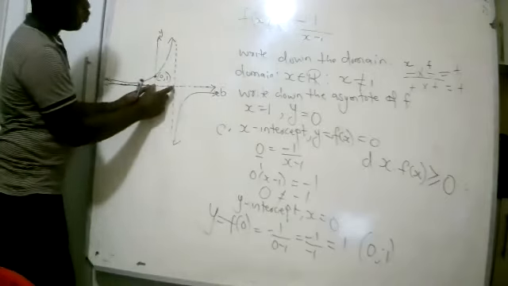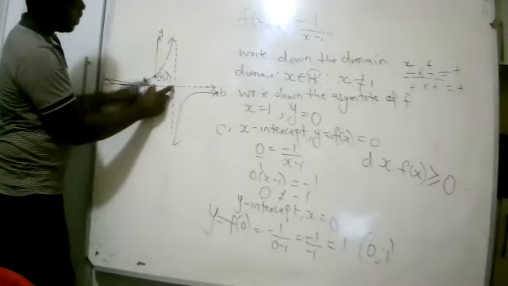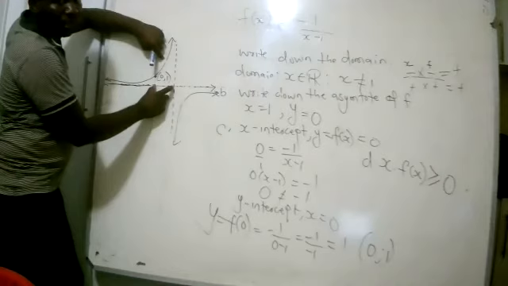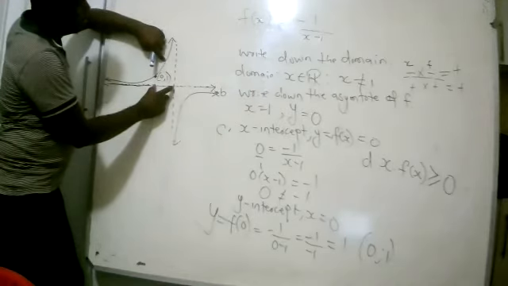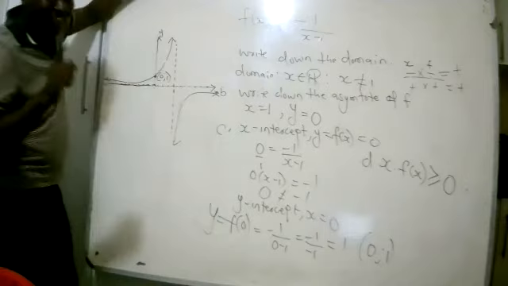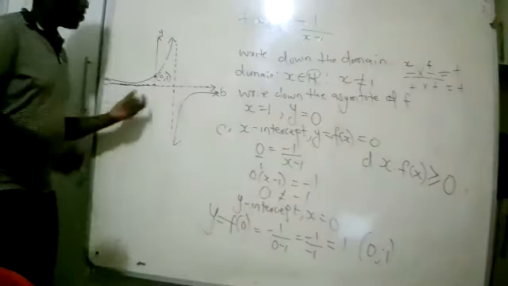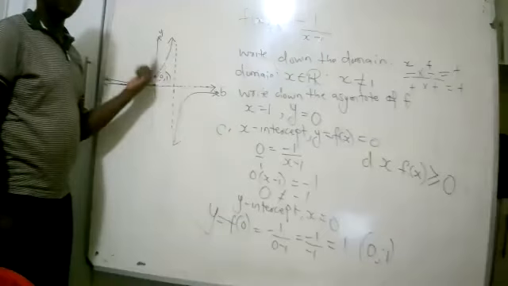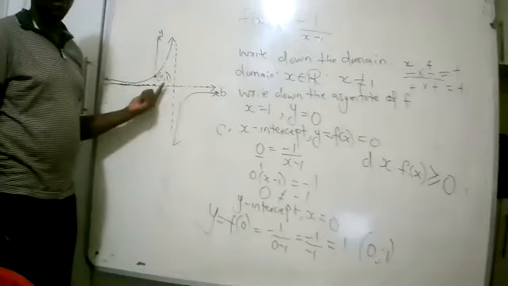So now, between 0 and 1, is the graph of f positive or negative? It's positive. Why is it positive? Because it is above the x-axis. I think you are now getting the point. So when x is positive here, the function is also positive, which is the region we're interested in.